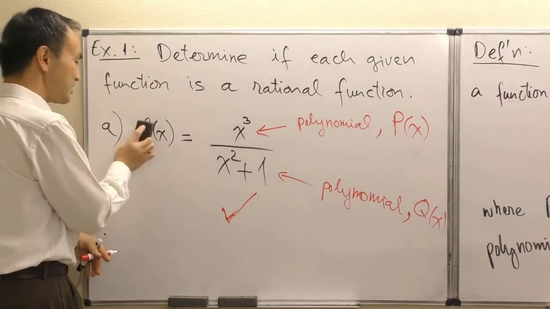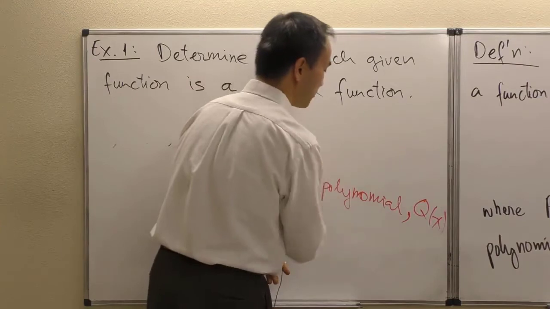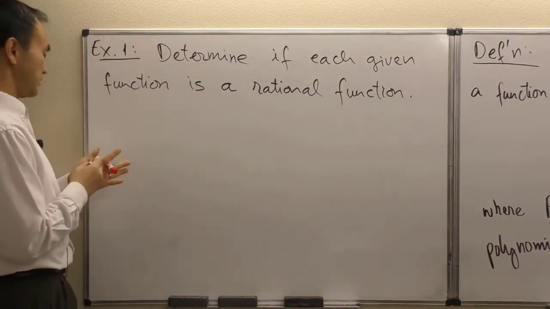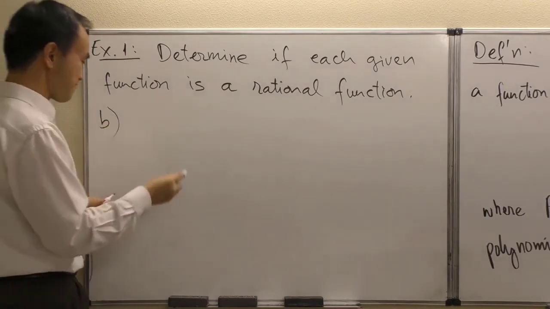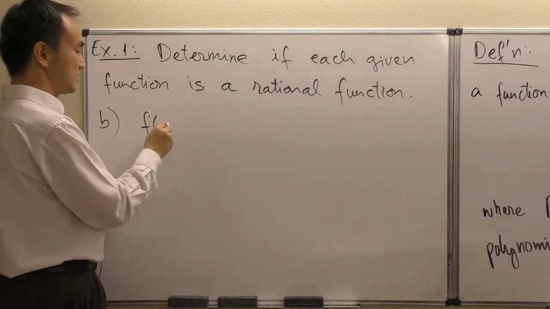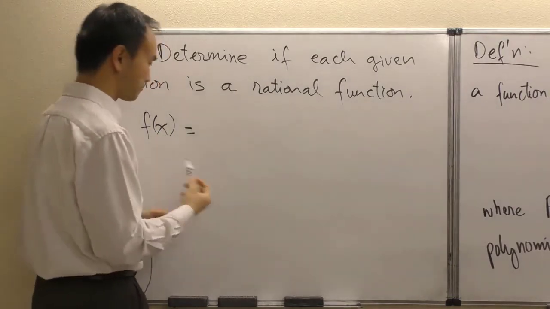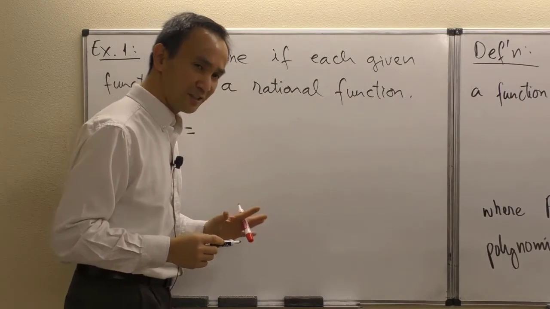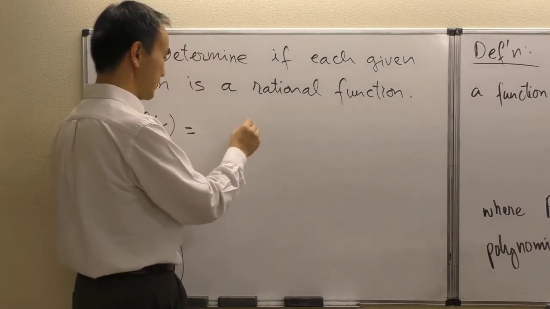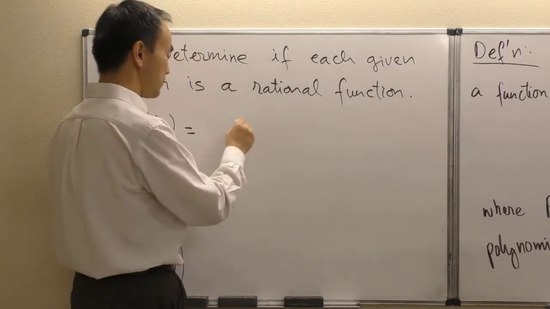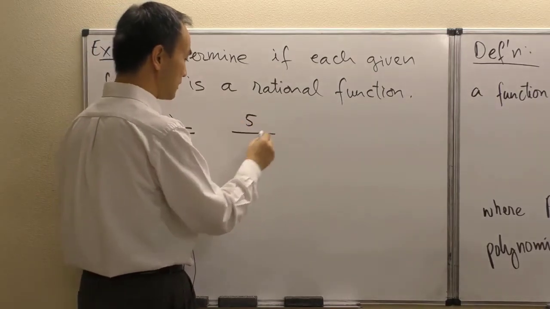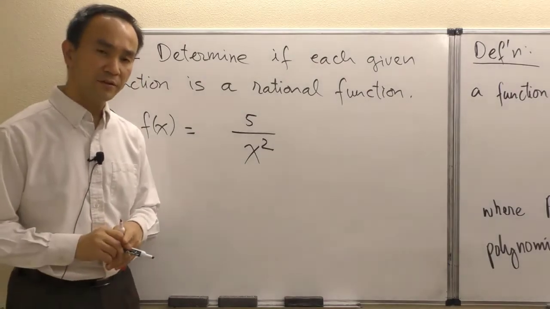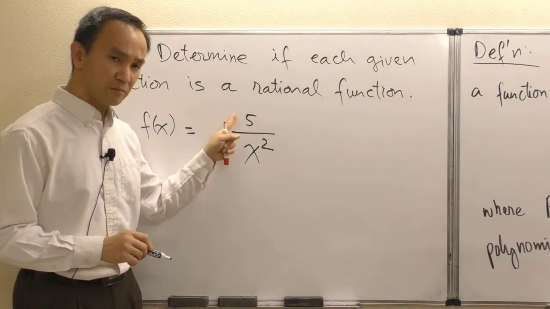All right, let's look at part B of the example. How about I look at f of x to be, and you have seen this earlier, the 1 over x right here. Needless to say that anymore, but now how about just 5 over x squared? In the numerator, we still see a fraction.